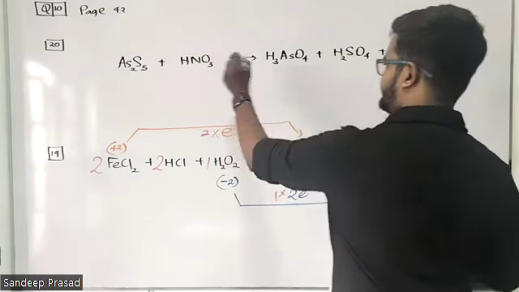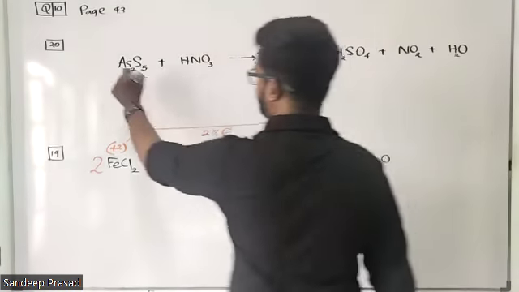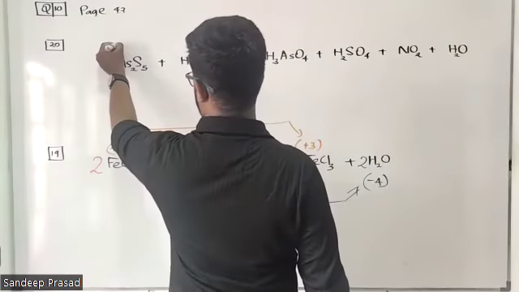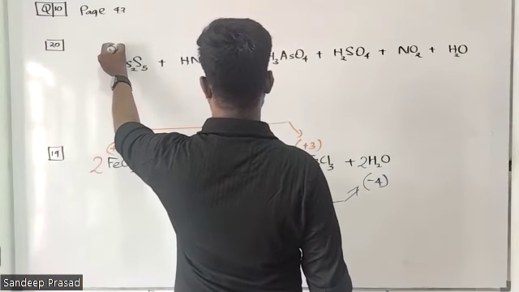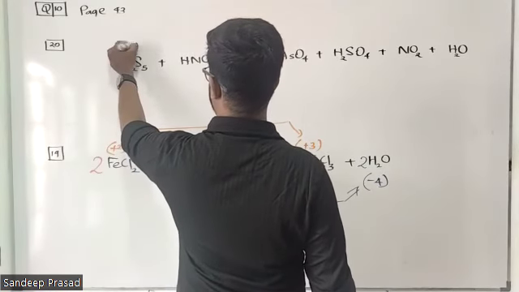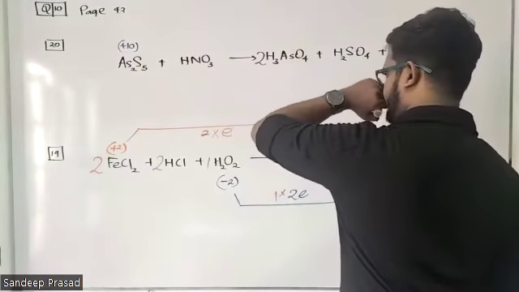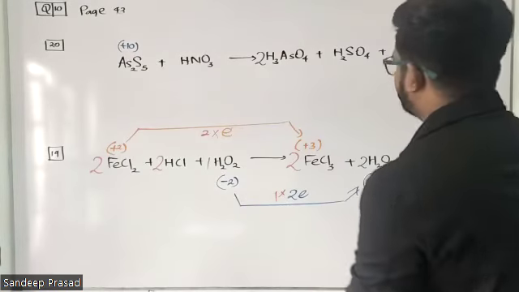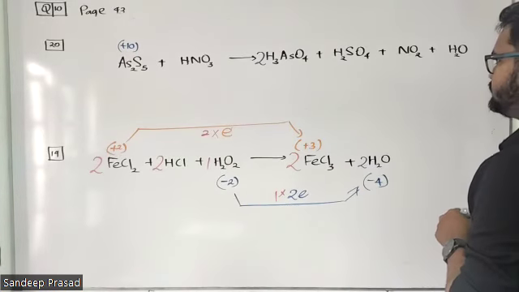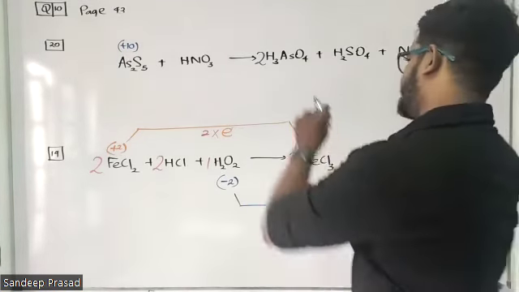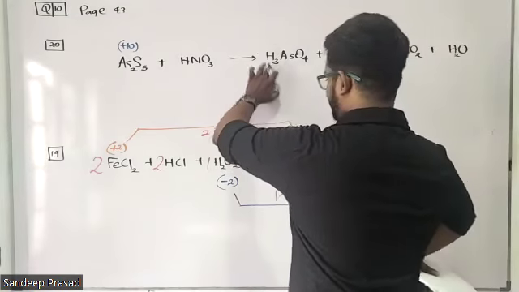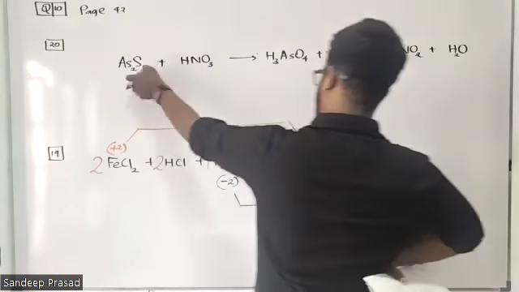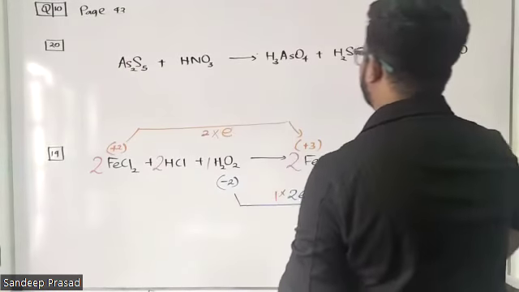So there are two arsenic atoms, so therefore let me put 2 here. Here we can say that the oxidation number of sulfur is -2, right? So therefore, 2 times 5 is 10. Here arsenic is not the one changing oxidation state. It is +5 here, and also +5 there.